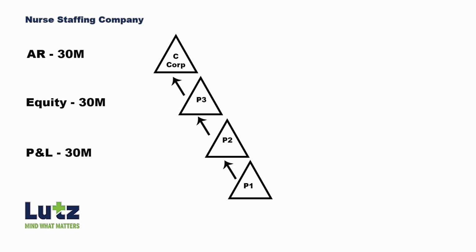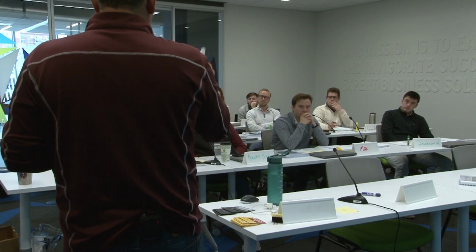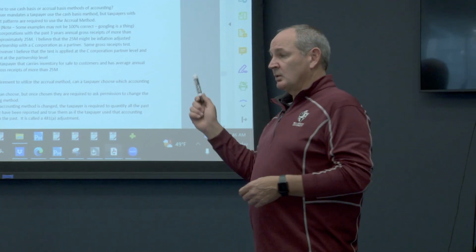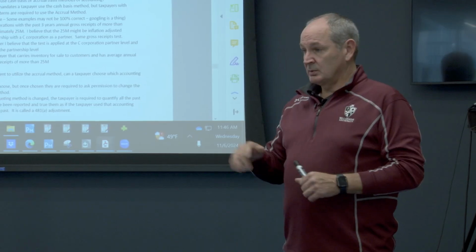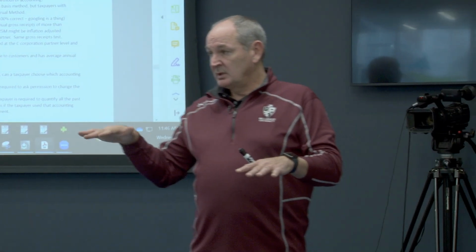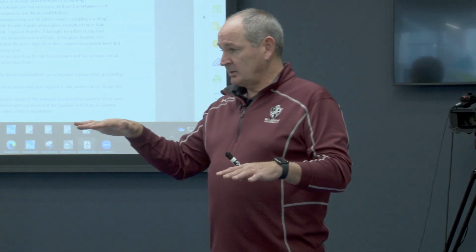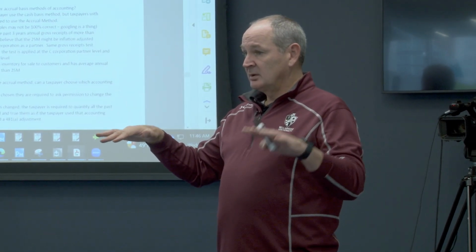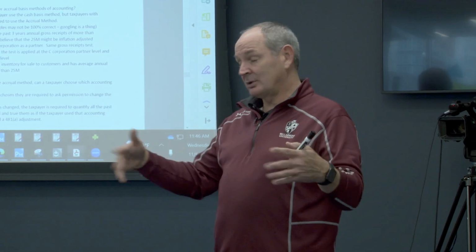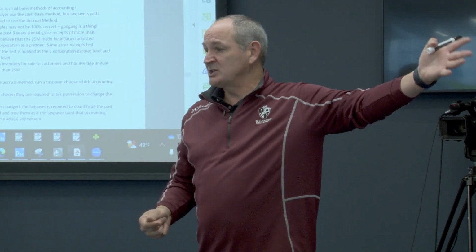If this is an S corporation or partnership, can we be on the cash method? Yes. We can. If we're a C Corp, can we be on the cash method? No. Okay? So S Corps and partnerships have a different opportunity to be on cash method versus C Corp or a partnership with a C Corp, even though there's this annoying chain.